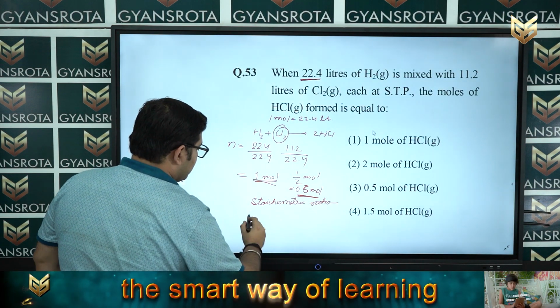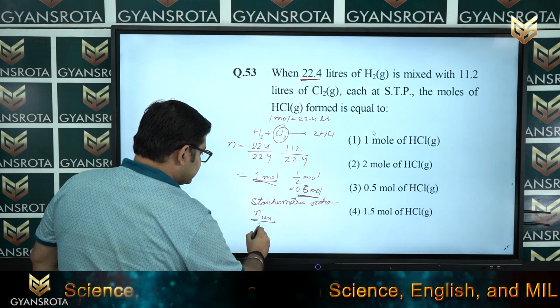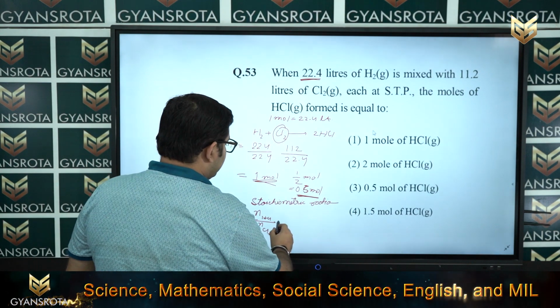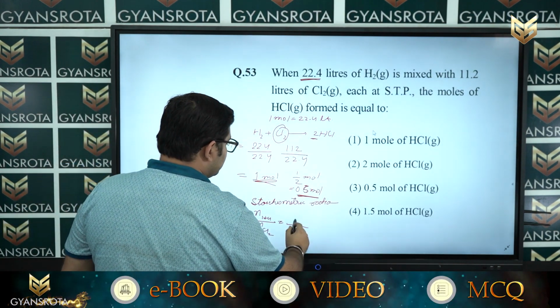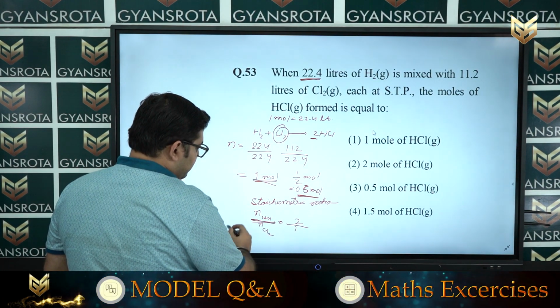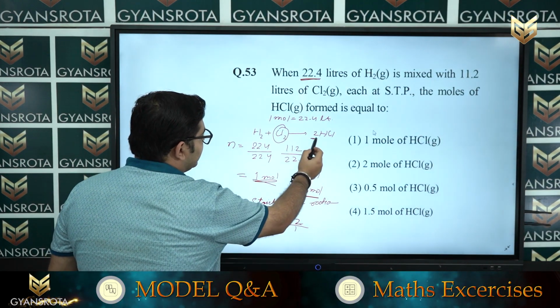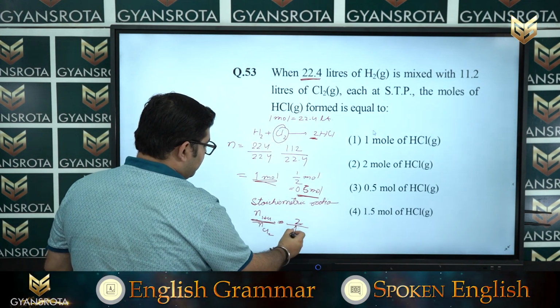If I am taking the stoichiometric ratios of HCl to Cl2, what you are obtaining here for HCl, the stoichiometric coefficient given is 2, and for Cl2 the stoichiometric coefficient is 1.